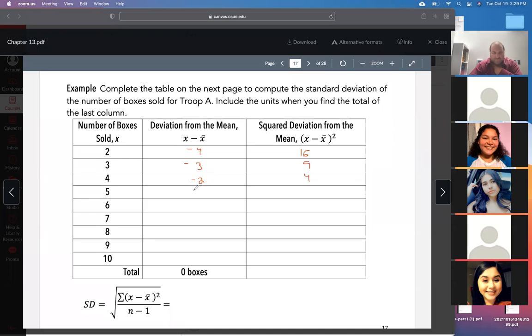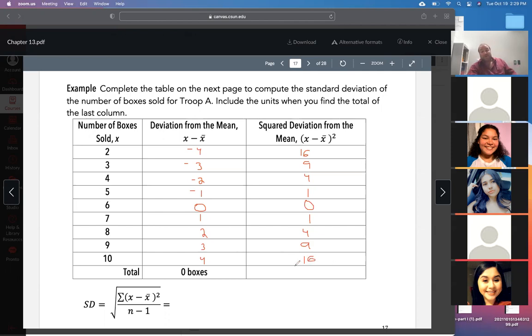Next, -1, squared, 1. Next, 0, 0. Next, 1, 1. 2, 4. 3, 9. 4, 16.